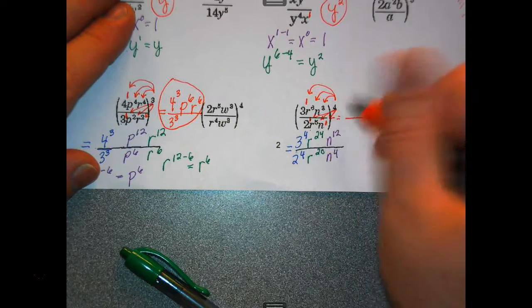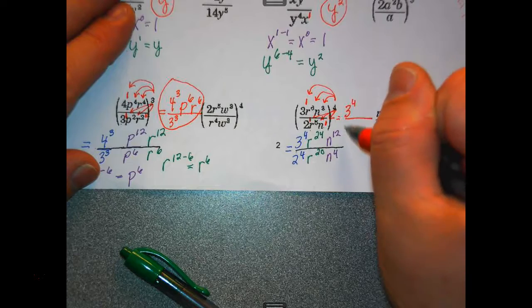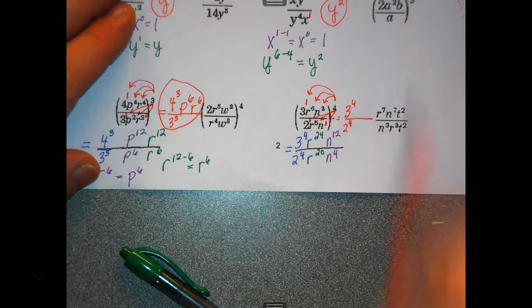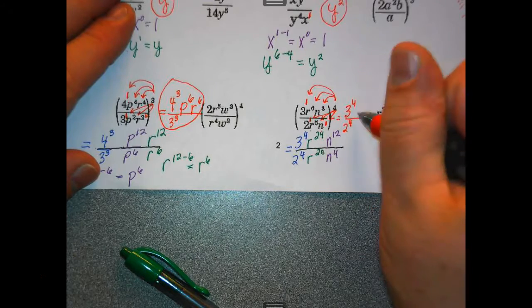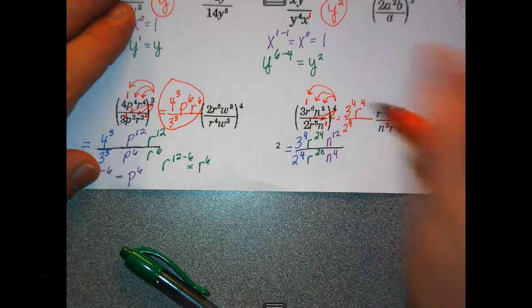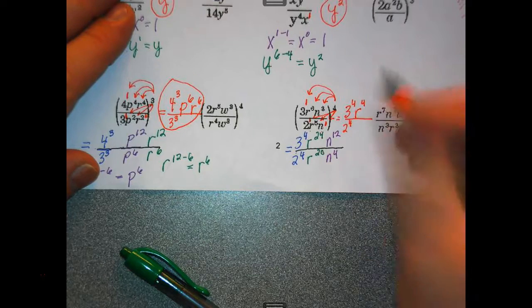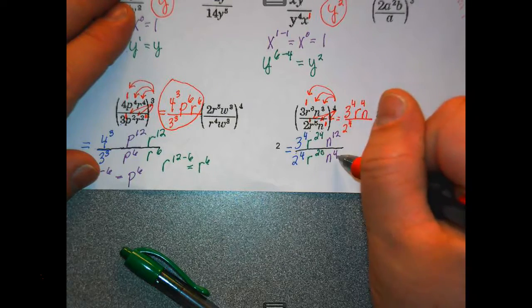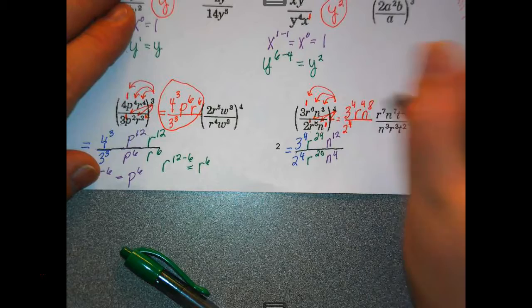I'm going to leave my 3 to the 4th over 2 to the 4th. r to the 24 minus 20, r to the 4th. n to the 12 minus 4, 8.